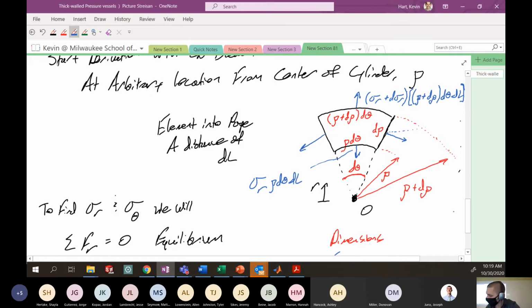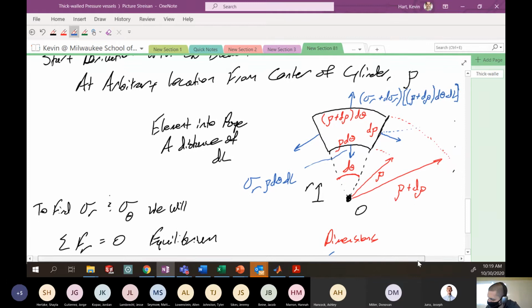Trying to squeeze it in there. Sorry about that. Can I scooch this over a little? Yeah, there we go. Again, this is the area over which it acts, and this is the stress it's developing.